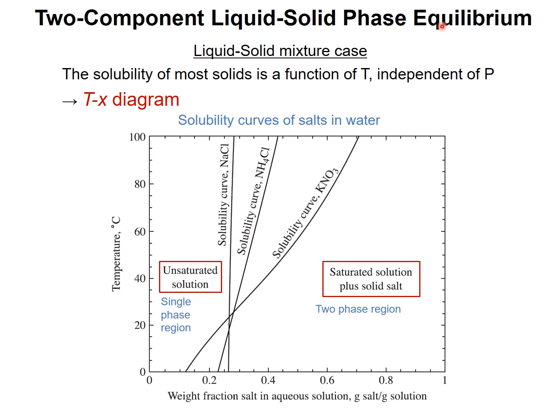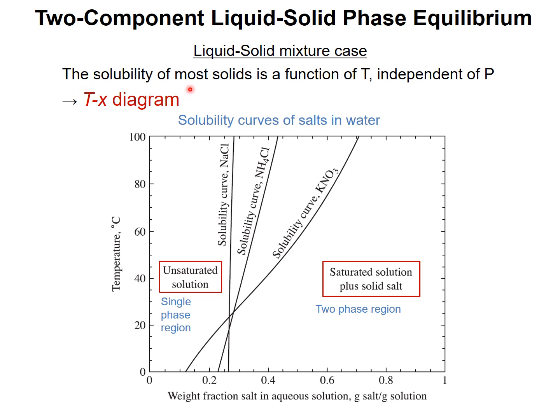So that is a liquid-solid mixture. Of course, after sodium chloride is totally dissolved in water, then we could consider the solution as one single phase. However, when you change the temperature, you could split the single phase solution into saturated solution plus precipitated solids.